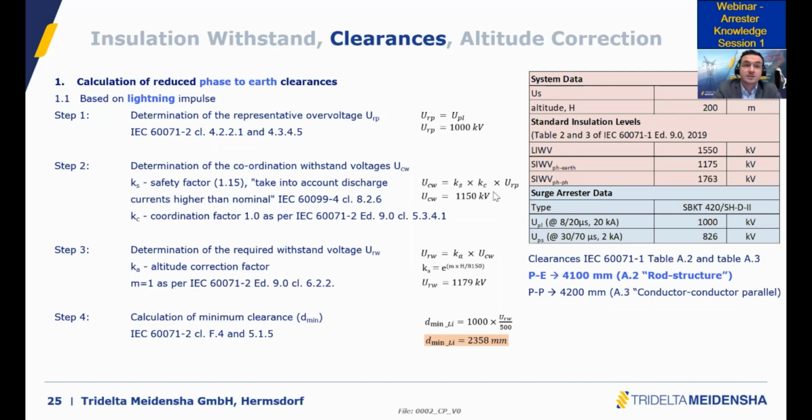So yes, this makes a lot of sense. Most of the equipment that you see in catalogs, not only surge arresters, have withstand values for an altitude of 1,000 meters. So if you are interested in clearance reduction and you have a system at sea level, you can have further reduction.